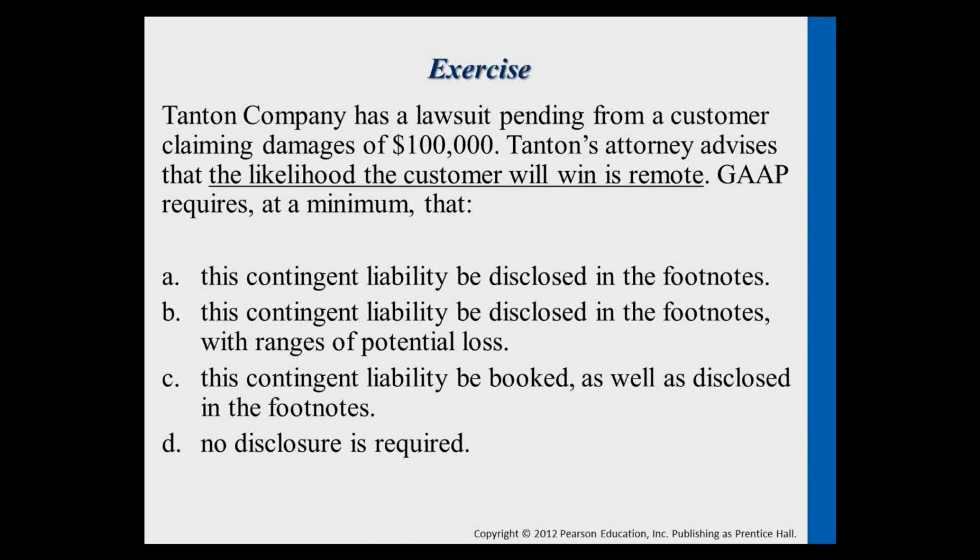Okay, let's take a look at an example. Let's say Cat & Company has a lawsuit pending for a customer claiming damages of $100,000. However, this company's attorney advises that the likelihood the customer will win is least likely, it's remote. So in this case, going back to the three layers, how do you think we should take care of this case?